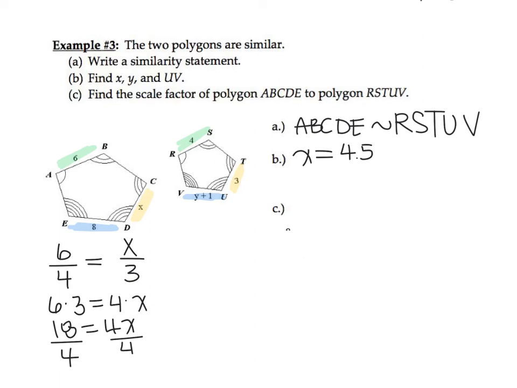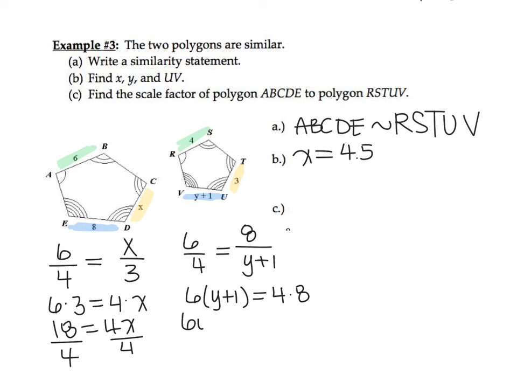So when we set up that proportion, we're still going to have 6 over 4, but this time it equals 8 over Y plus 1. So we still cross multiply. We get 6 times Y plus 1 equals 4 times 8. Distribute the 6, and we end up with 6Y plus 6 equals 32.